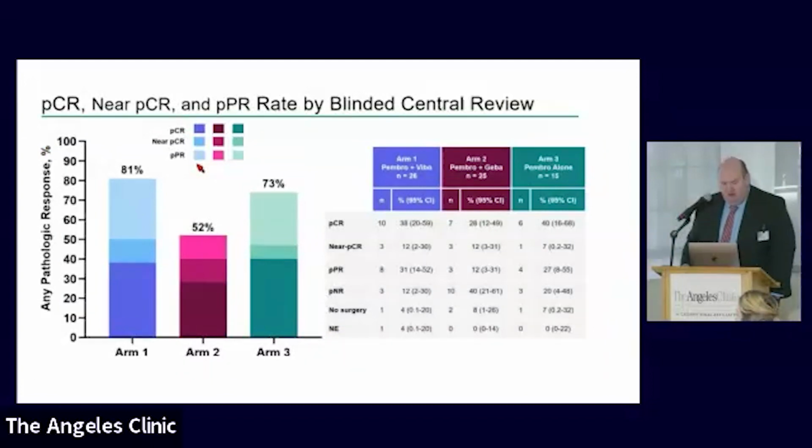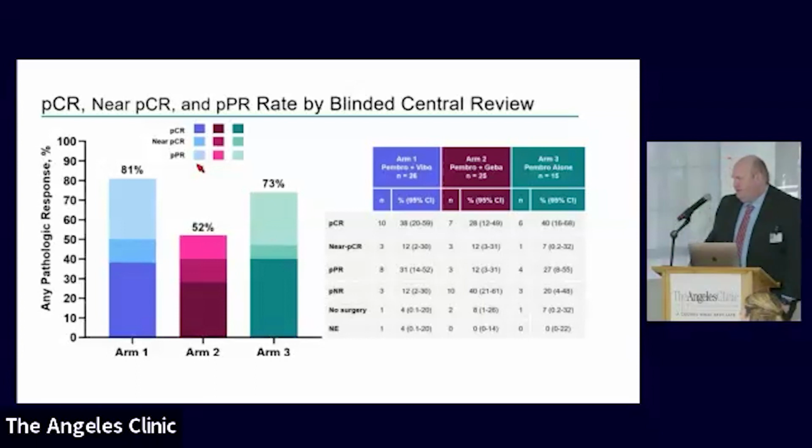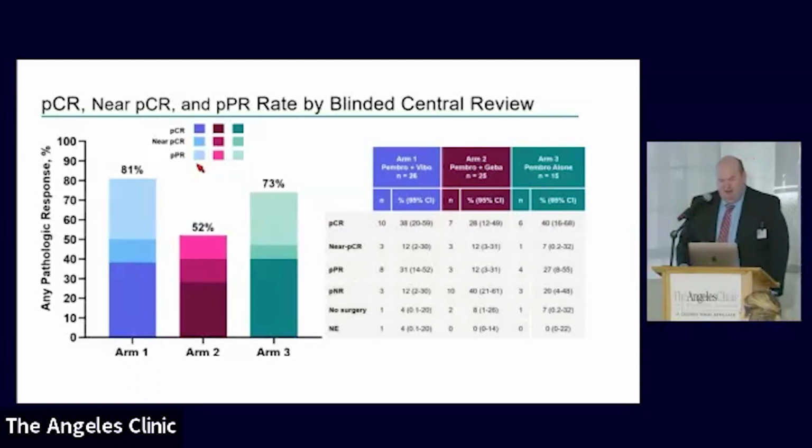The pembro plus vibo arm had responses in 81% of patients in comparison to the pembro arm at about 73%. Obviously, these numbers are way too small, given the number of patients in each group, to make comparisons between the arms. However, the pembro plus vibo is pretty encouraging and exciting.